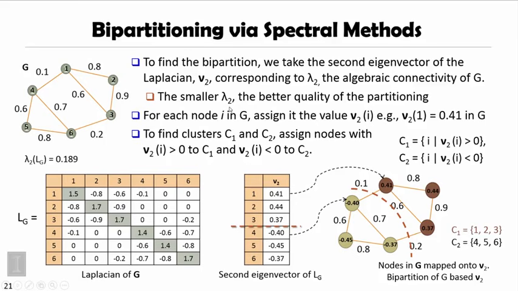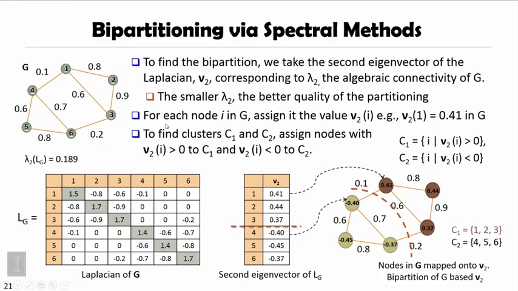For lambda sub 2, the smaller, the better the quality of the partitioning, because if lambda is 0, it means the graph is not connected, and if lambda 2 is greater, it means the nodes are more tightly connected. If you want a nice partitioning, you want to find a smaller lambda 2.